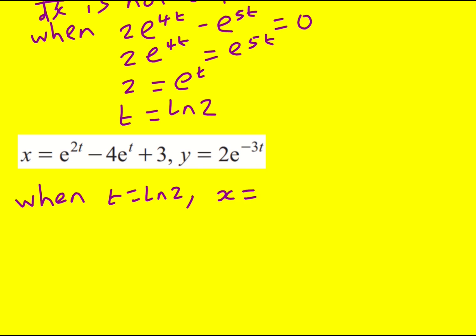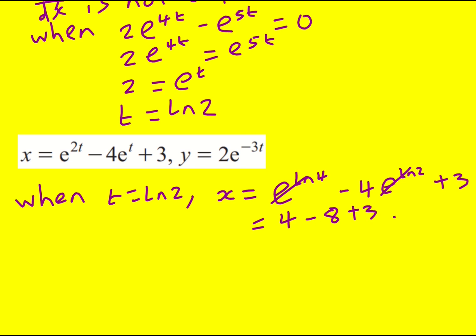It's going to be e to the 2 ln 2, which actually is e to the ln 4, minus 4e to the ln 2 plus 3. And this simply, e to the power of ln, they just cancel out. So we're left with 4 minus, and then this just cancels out. So I've got 4 times 2. So 4 minus 8 plus 3, which is going to give me minus 1.